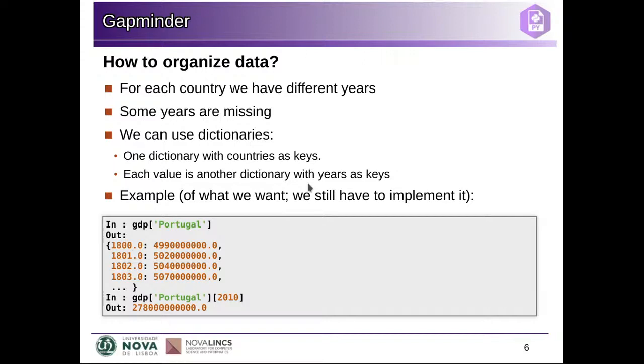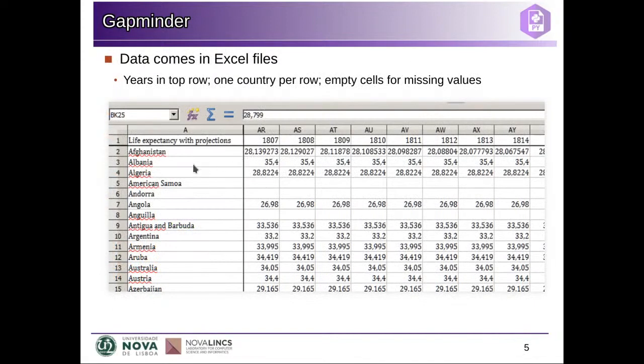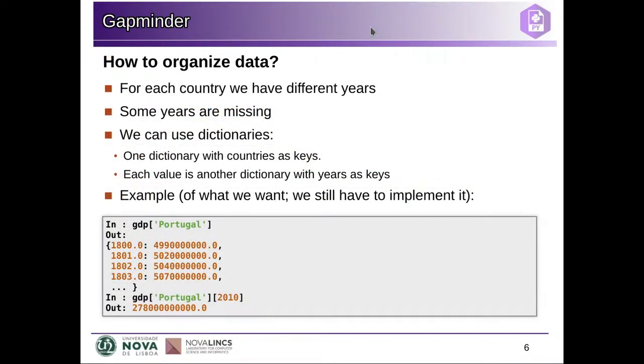So in this particular case, for each country, we have for each year one particular value. However, sometimes we have missing values. So we may wish to store in our data structure for each country the association of each year to each particular value. We can do that association with a dictionary.